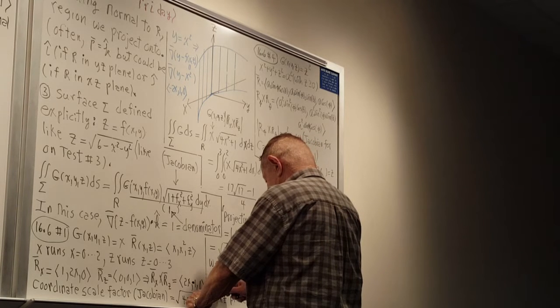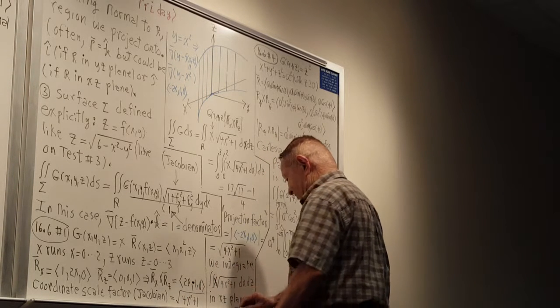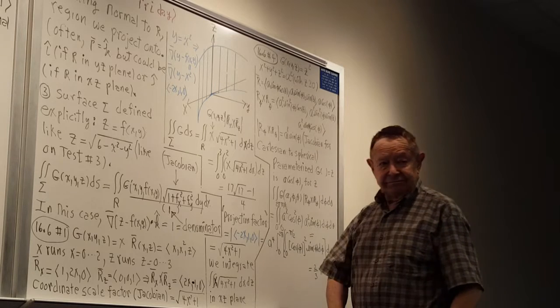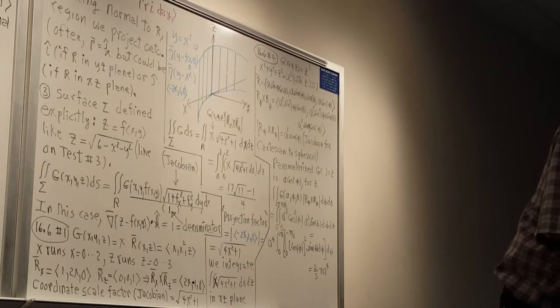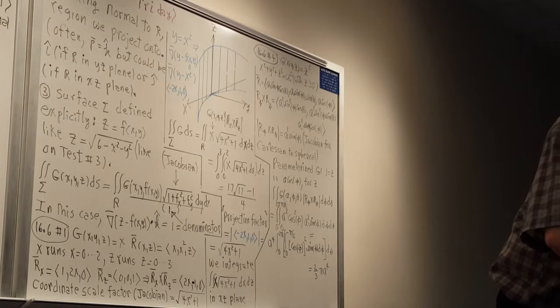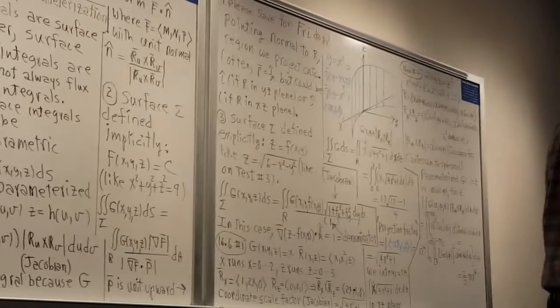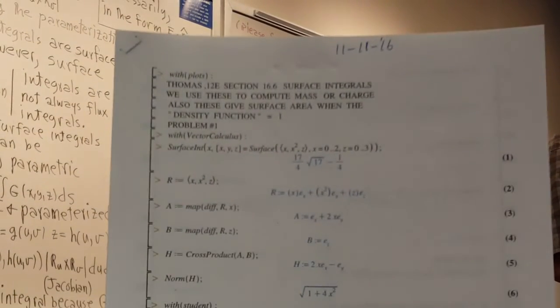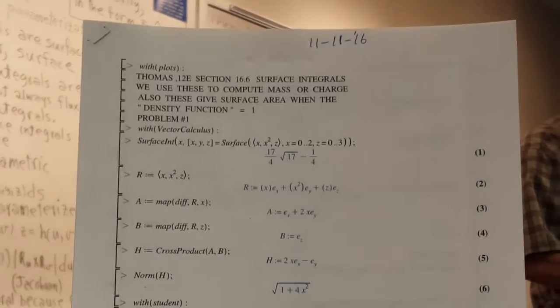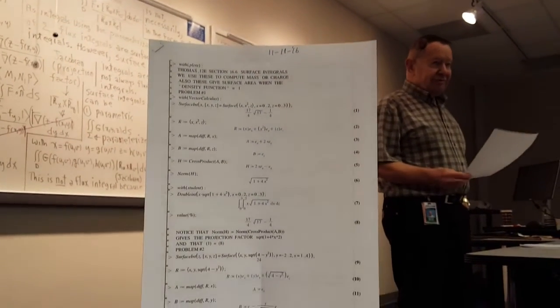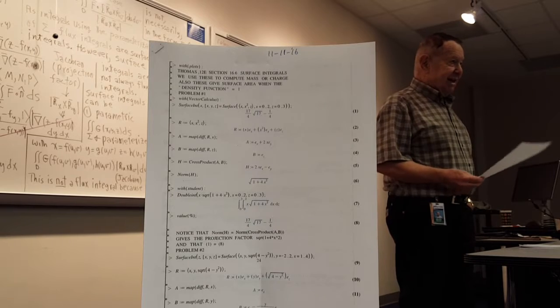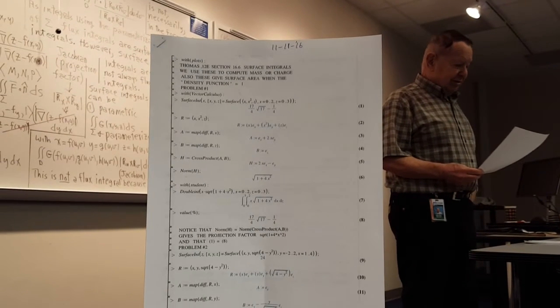I forgot to write the function. Take a look at some Maple that I will give you. Vector calculus with problem 1. So you bring up vector calculus, and then it'll do surface integrals if it's a standard kind of figure.